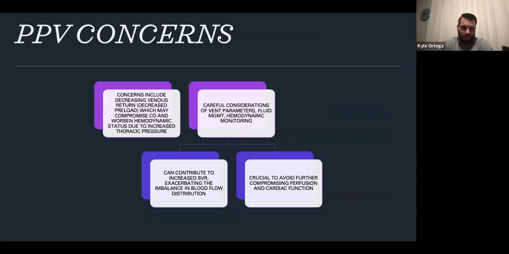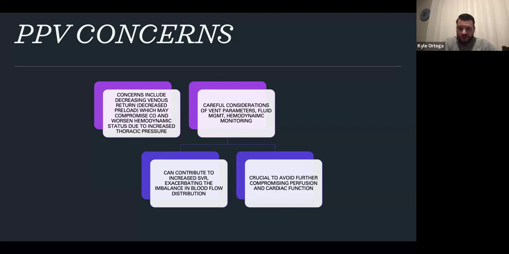So next, our concerns with PPV, positive pressure ventilation. Our concerns include decreasing venous return, which is a decreased preload, which is going to compromise the cardiac output and worsen hemodynamic status due to that increased thoracic pressure. So we've got to be careful with considerations of vent parameters, fluid management, and hemodynamic monitoring.